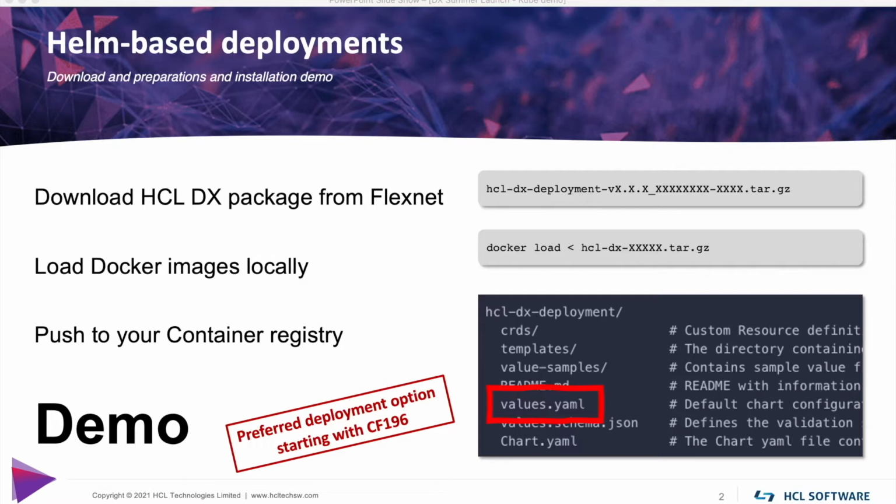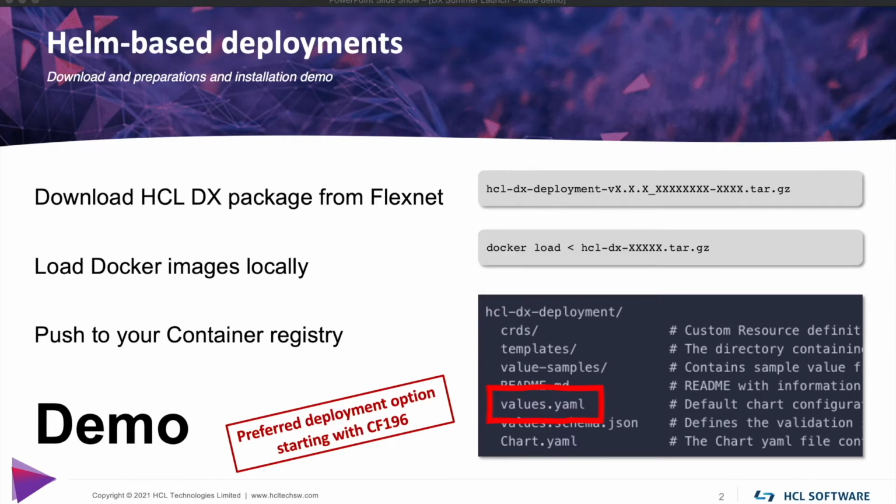And then last but not least, you need to push these to the registry that's accessible from your Kubernetes environment. And this is already everything you need to do before we jump into the demo that I prepared for you.